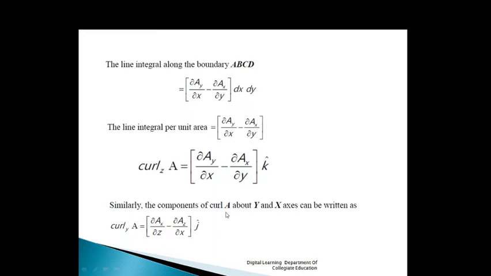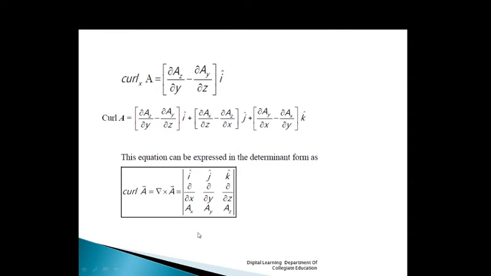Similarly, curl A along y and x can be written as curl A of y equal to ∂Ax/∂z minus ∂Az/∂x with unit vector j cap. For curl A of x, equal to ∂Az/∂y minus ∂Ay/∂z into i cap.